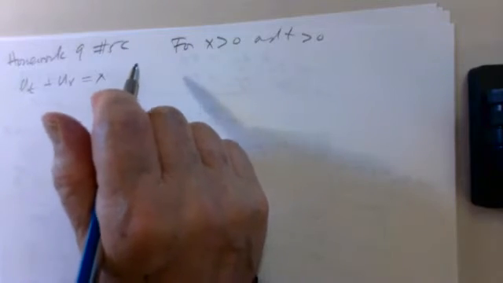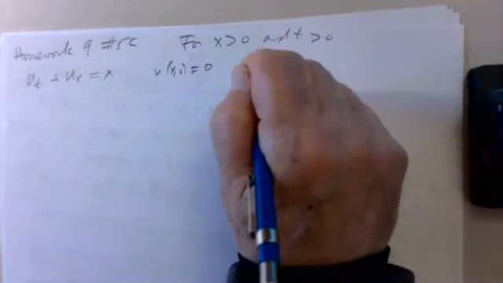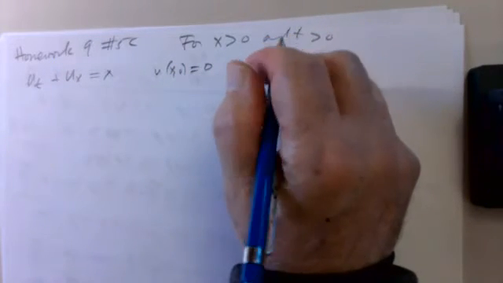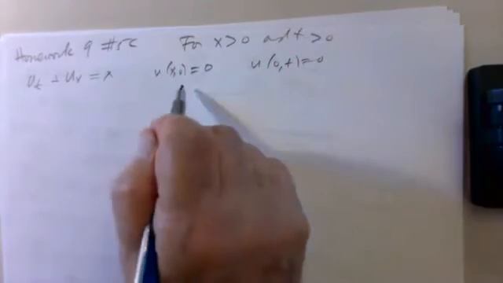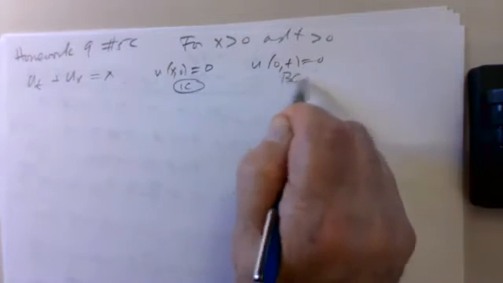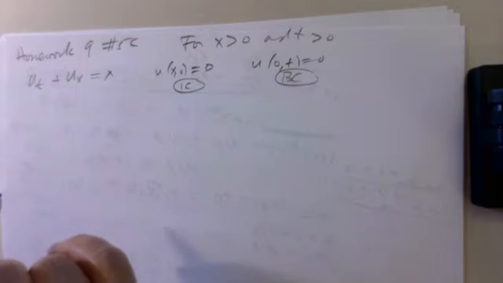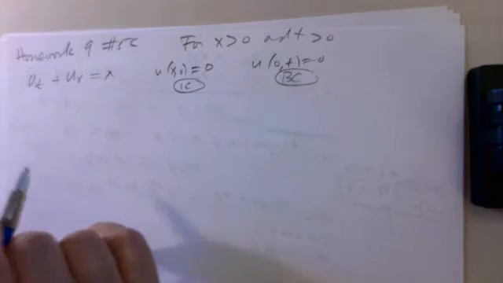And we have the initial condition that u of x, 0 is equal to 0. We also have the boundary condition that u at x equal to 0 and all time t is equal to 0. So this is some initial condition, this is some boundary condition. And we want to solve this using Laplace transform.